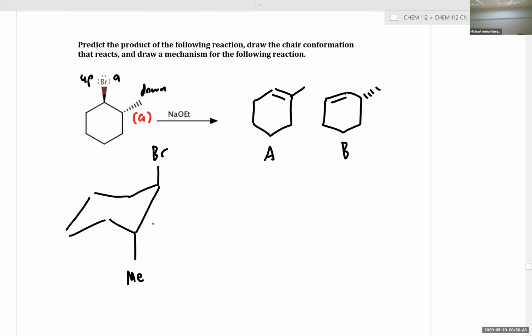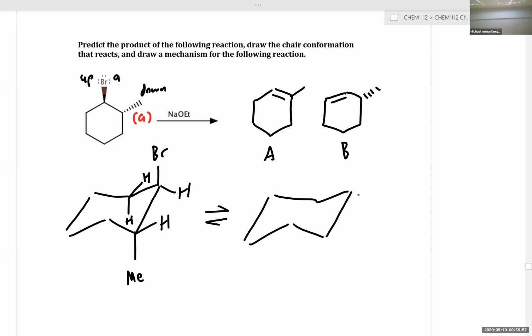And now let's draw our hydrogens, the hydrogens that are critical to this whole process. Okay, we've drawn our hydrogens. Let's look at our other accessible conformation. Oh, whoops, I made a mistake here. This is a common mistake.